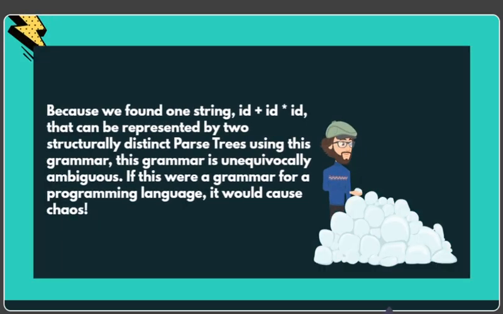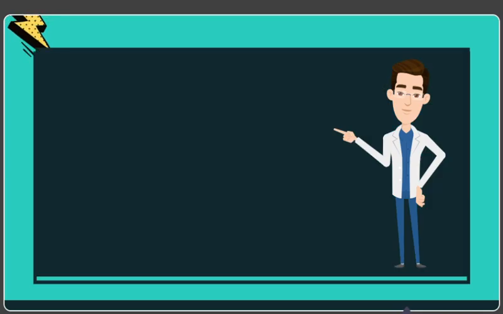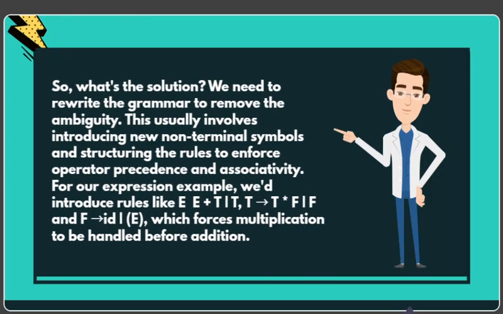Because we found one string, ID plus ID times ID, that can be represented by two structurally distinct parse trees, this grammar is unequivocally ambiguous. If this were a grammar for a programming language, it would cause chaos. So, what's the solution? We need to rewrite the grammar to remove the ambiguity. This usually involves introducing new non-terminal symbols and structuring the rules to enforce operator precedence and associativity.